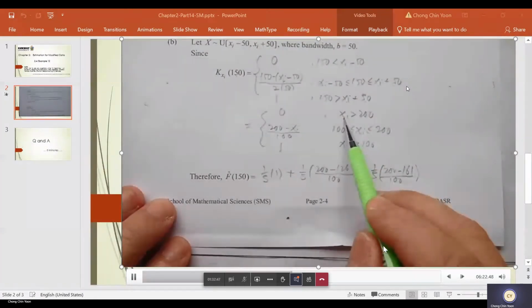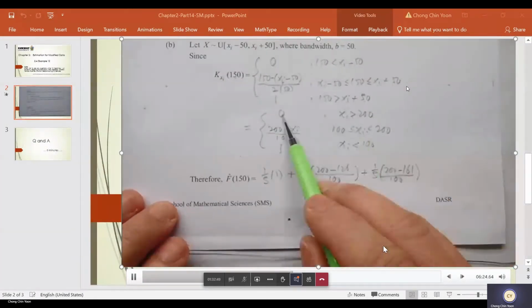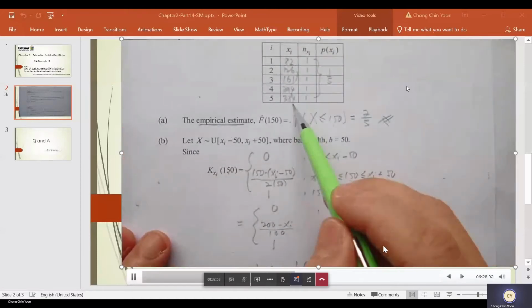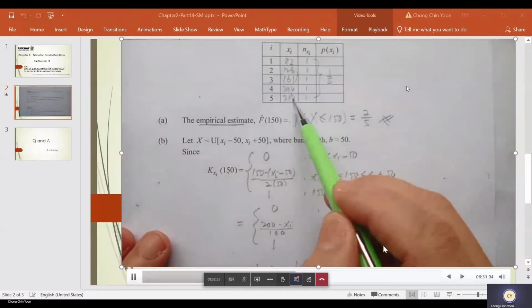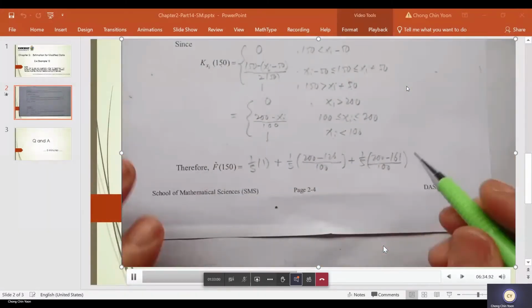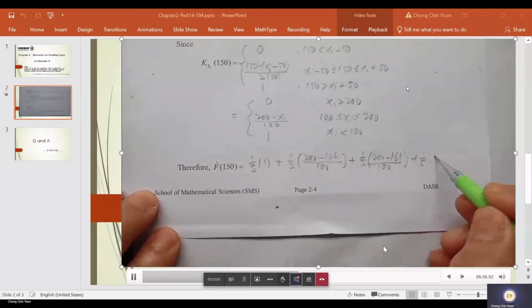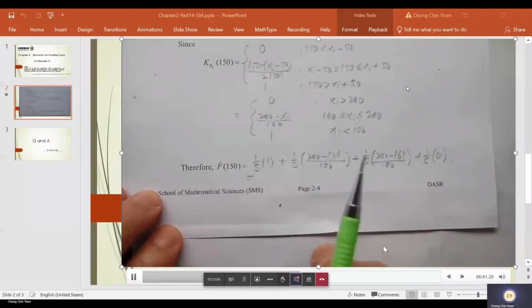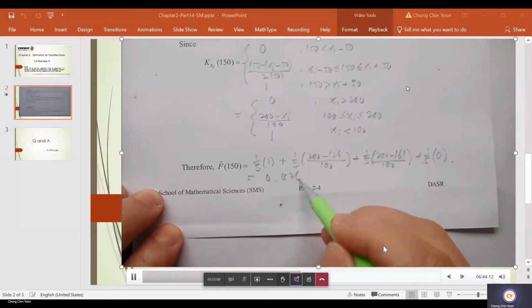So all the observations greater than 200 will become 0. So these two values, which are greater than 200, therefore are 0. So I will take this probability 1 over 5 times 0. So this result will give me 0.426.